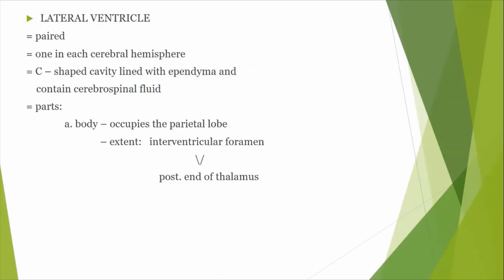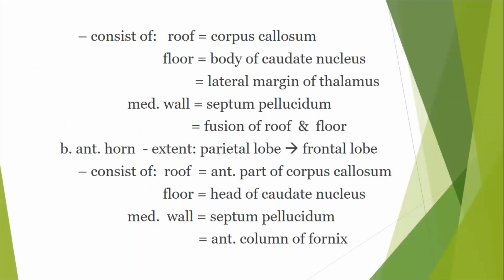The body will be found in the parietal lobe, and it will extend from the interventricular foramen, where the CSF will flow to the third ventricle, to the posterior end of the thalamus. So that will be the body. And the body will have a roof which will be made up of the corpus callosum.